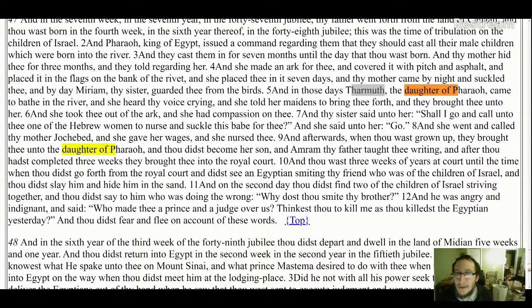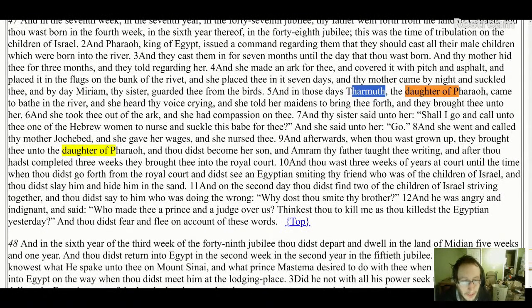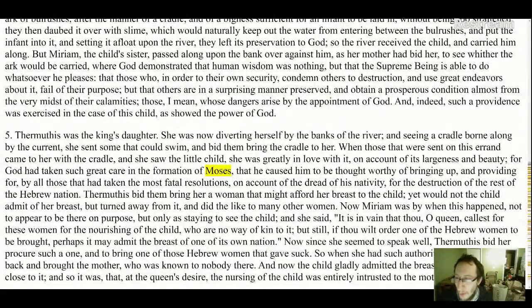The ending is just simply an ending. So Tharmuth is the name of the daughter of Pharaoh in the Book of Jubilees, and then Josephus said Tharmuthis, again that's the Greek ending, was the king's daughter.